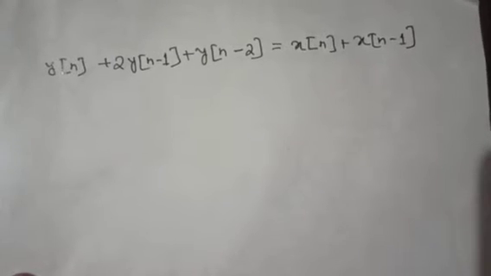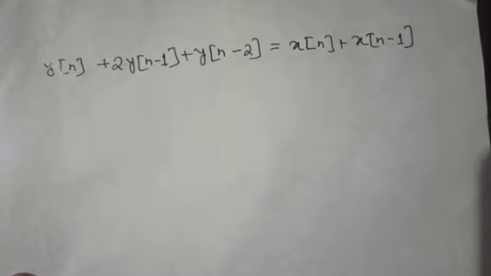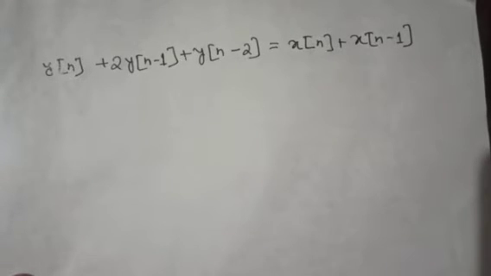So let us take one example. The given difference equation is y of n plus 2 y of n minus 1 plus y of n minus 2 is equal to x of n plus x of n minus 1. Now suppose the question is to find the natural response.